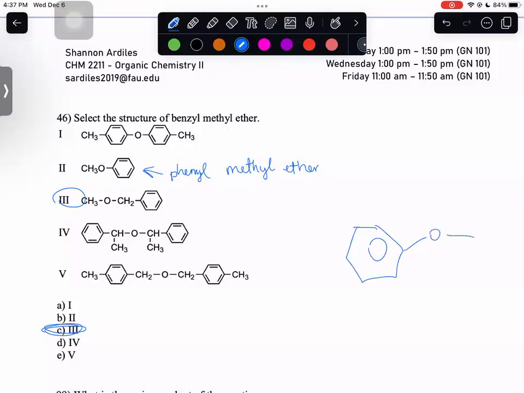That's anisole, just the ether. Oh, yes, it's 2, it's not 3. But remember that all of those names, like anisole, toluene, they're the common names for the molecules. They're not the IUPAC name. So remember, those things are different.